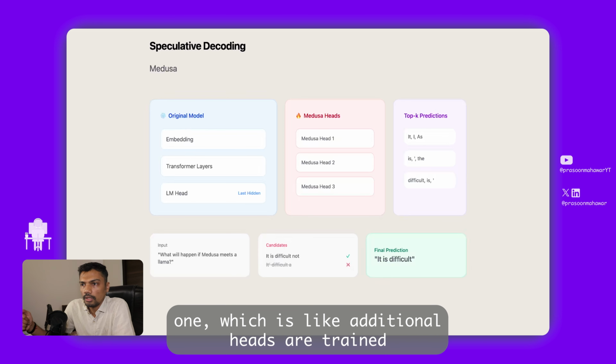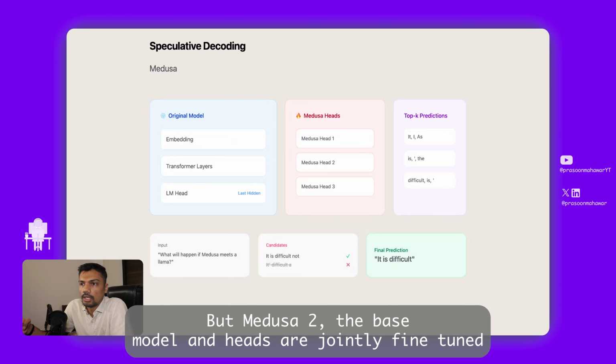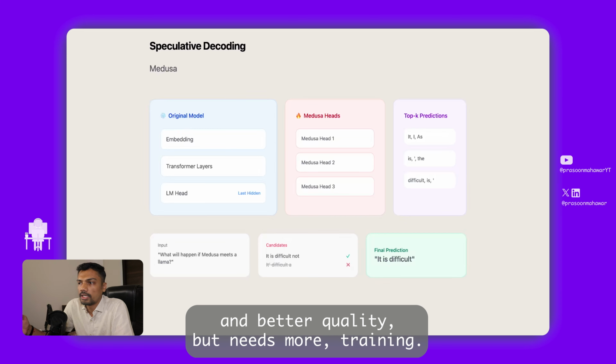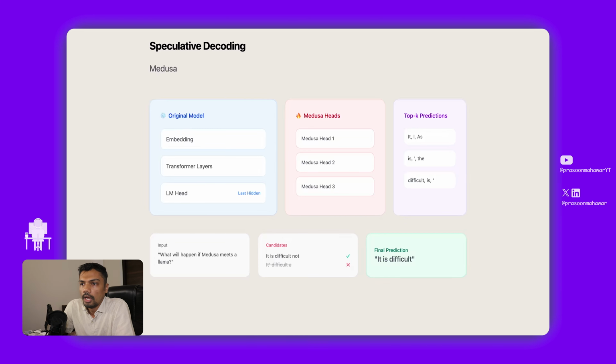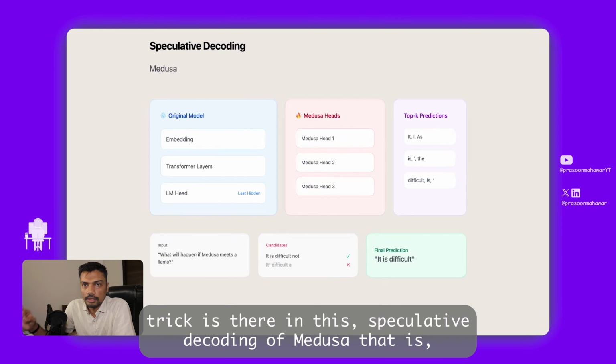So Medusa 1, where additional heads are trained while the base model is frozen, is faster to add but has slight quality degradation. But in Medusa 2, the base model and heads are jointly fine-tuned, giving better quality but needing more training. So a self-distillation trick is there in this speculative decoding of Medusa.